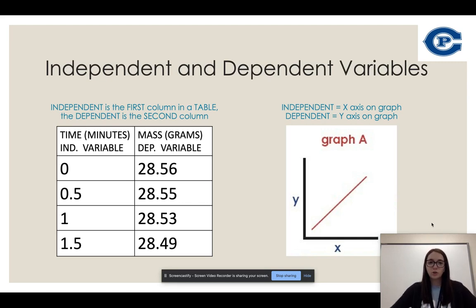And so you were doing a lot more of that when graphing. So a good way to remember is when you were in math class, you always did X, Y. So when you're making a table, your independent is your X, and your dependent is your Y. And you can reflect that in the graph.